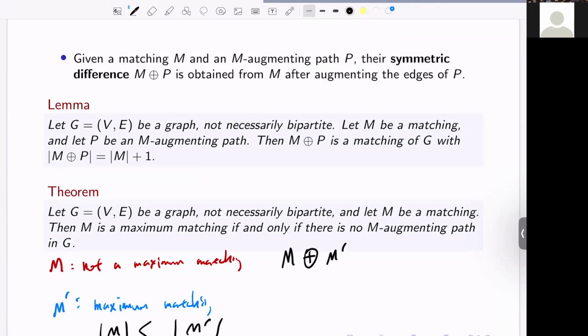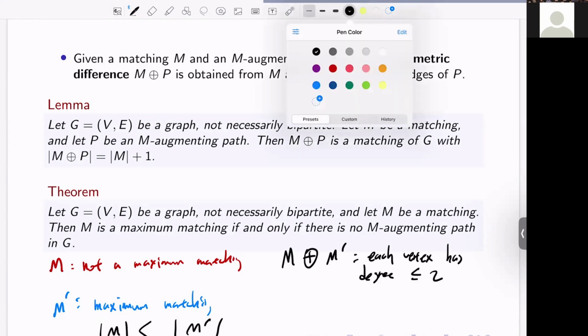If you look at the subgraph spanned by the edges of the symmetric difference, each vertex has degree at most 2. That was the key point. If every vertex has degree at most 2, then it is a union of cycles and paths.